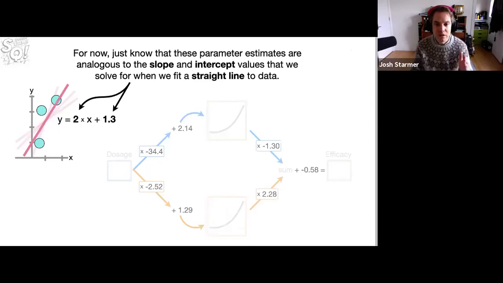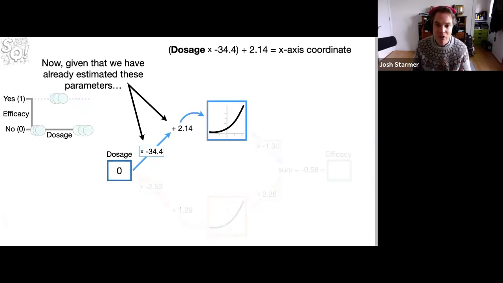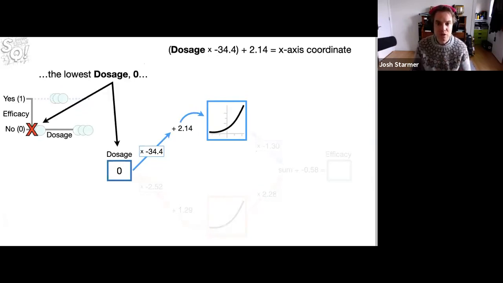Just like we can fit a straight line to data and estimate a slope and an intercept, the parameters on these edges that connect the nodes in the neural network are estimated in a similar way. Now, given that we have already estimated these parameters, we plug in the lowest dosage, 0.